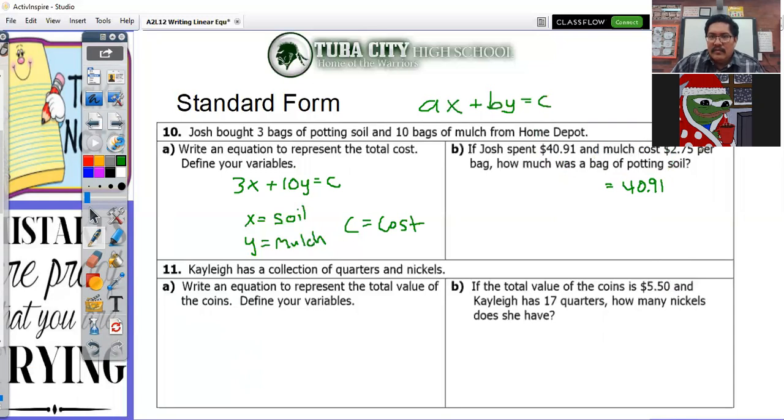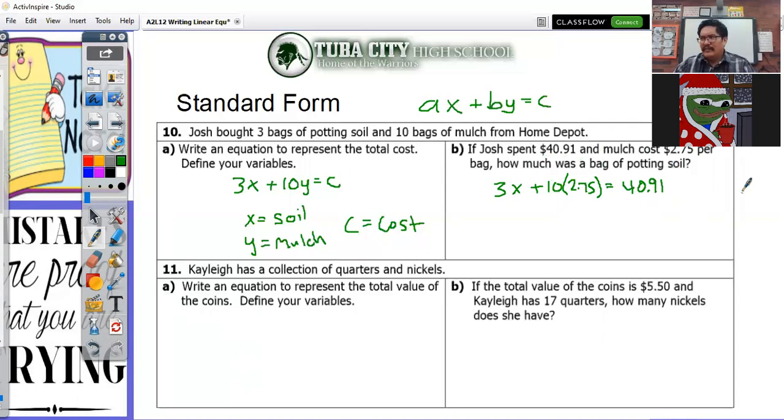And it says here mulch is $2.75 per bag, so 10 times $2.75 plus the potting soil. So the potting soil, well, we don't know what the price was, so it's going to be 3 times X, because again, we don't know how much the potting soil cost.